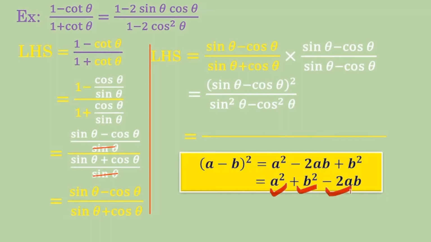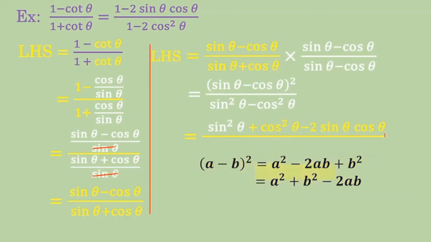Let us suppose a equal to sin theta and b equal to cos theta. So a square is equal to sin square theta, b square equal to cos square theta, and twice ab equal to twice sin theta cos theta.